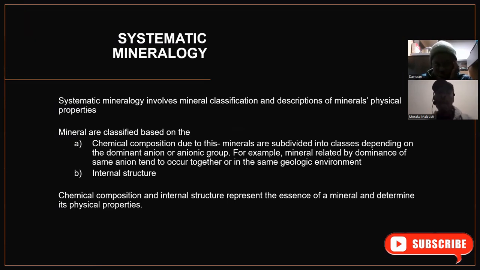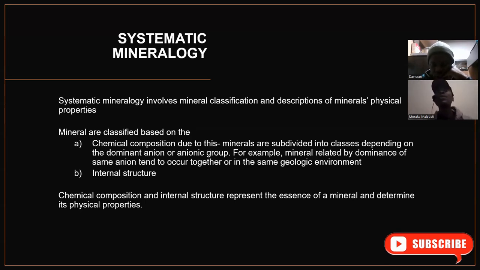So, the minerals are classified based on their chemical composition and also based on their internal structure. So, what we like to say is the internal structure reflects the external appearance of a mineral.